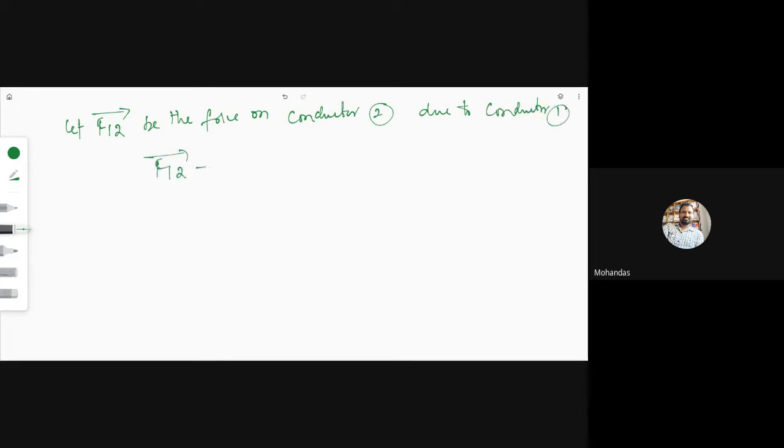F12 equal to I2 L2 cross B1. So let us say this is equation 1.